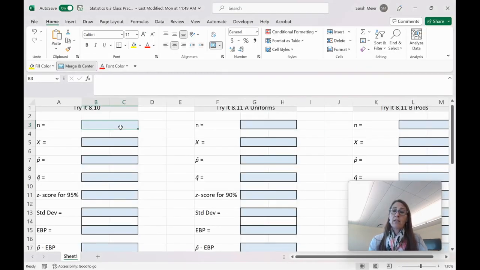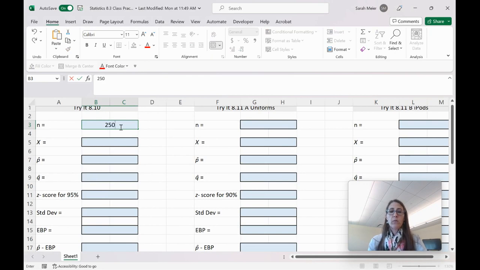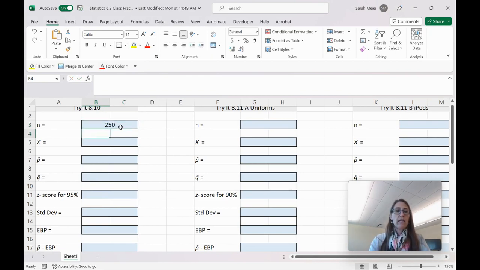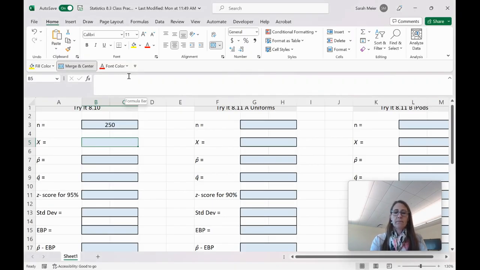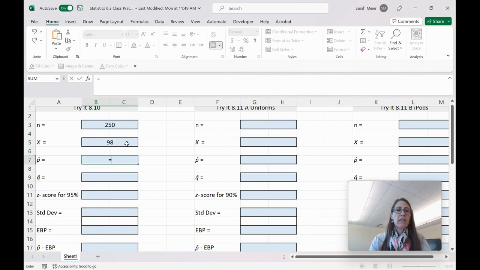We're going to put in our sample size, 250, because we're going to need that to calculate our p hat. Now we need our number of successes, so that's 98. And p hat, remember, is going to be equal to x divided by n. Q hat, you can just do 1 minus p hat.